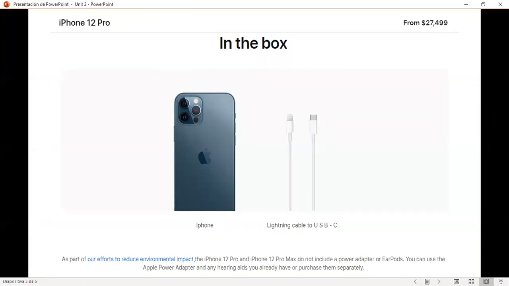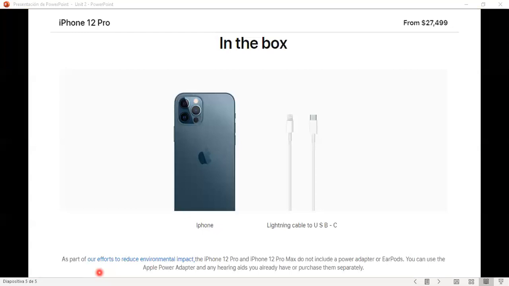But look carefully, what's in the box? In the box, you get the iPhone and a lightning to USB Type-C cable. But I want you to concentrate your attention on something really important. At the bottom, look at my spotlight. Could you please read what it says in here?